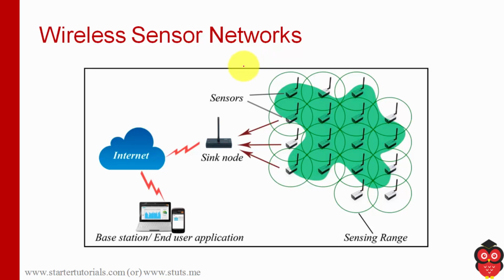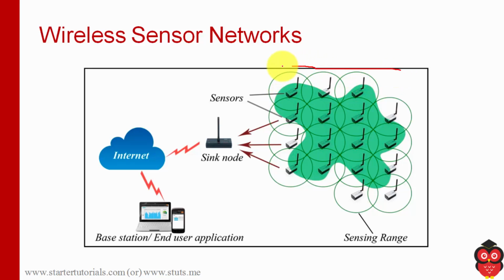As the name implies, it is a collection of sensors which are communicating through a wireless communication channel. So it's basically a collection of sensors communicating in a wireless mode.